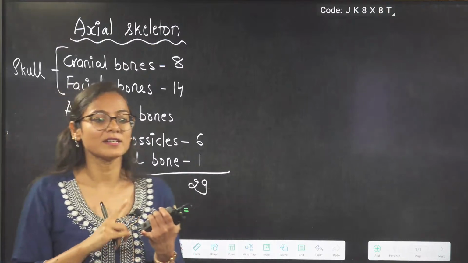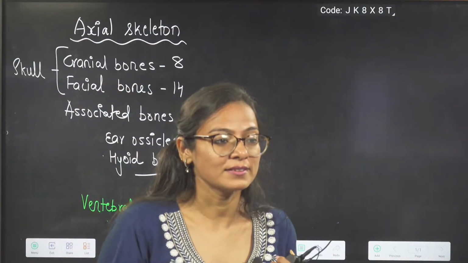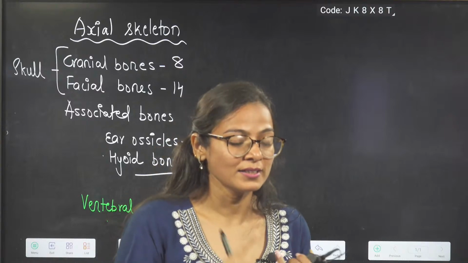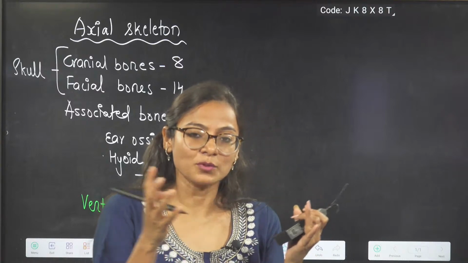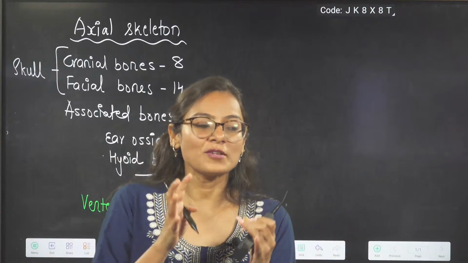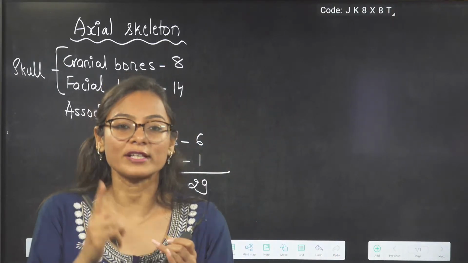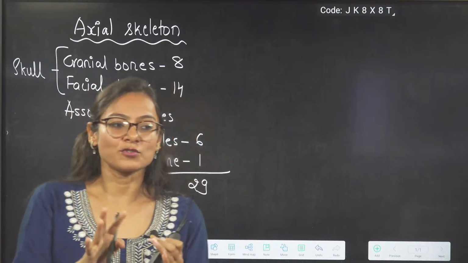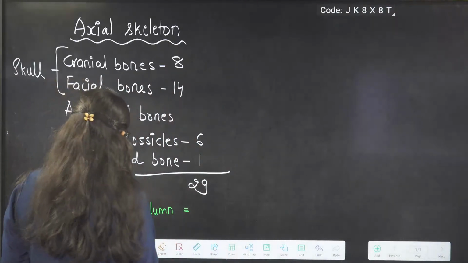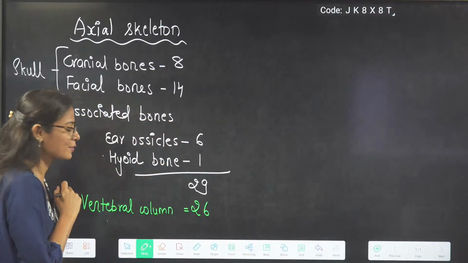We have 7 cervical, then 12 thoracic, then 5 lumbar, then 1 sacral. And you know that sacral bone is actually formed by fusion of 5 bones. And then we have one last coccygeal bone, and that coccygeal bone is also formed by the fusion of 4 bones. So in total, in vertebral column, we have 26 bones.